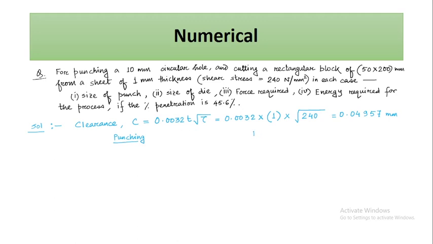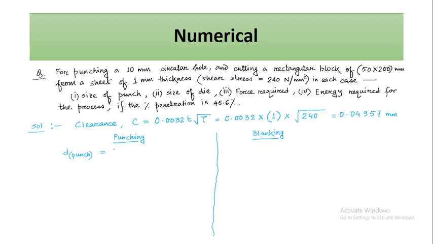Similarly, for the blanking operation, what will be the size of the punch and the die? So first we are finding out the diameter of the punch in case of punching operation.